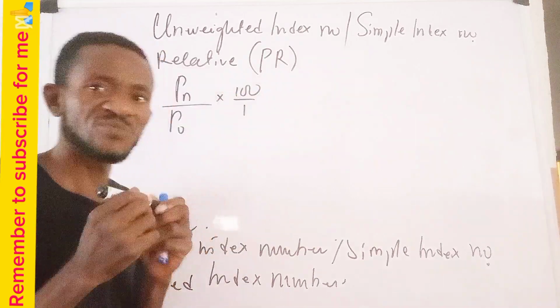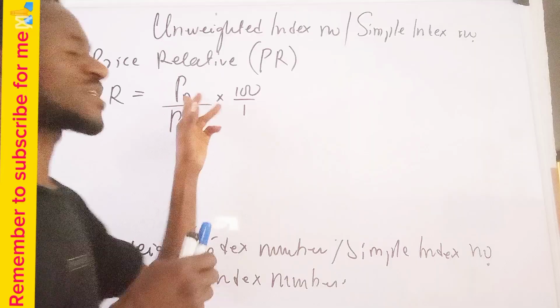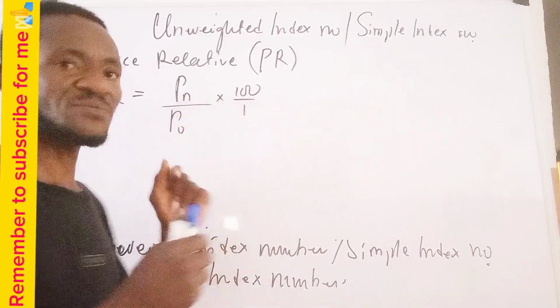The question becomes, what are we calling P subscript n? What are we calling P subscript 0?